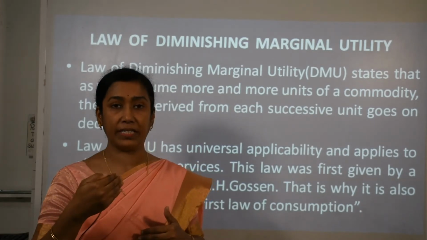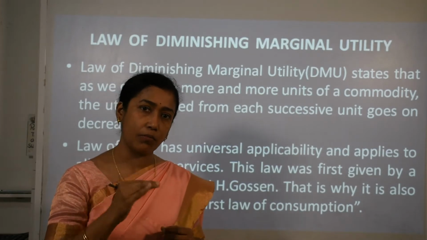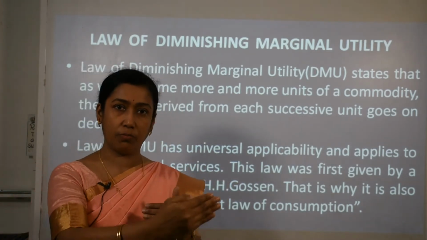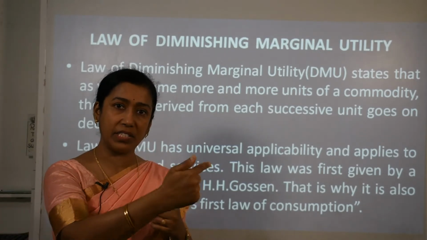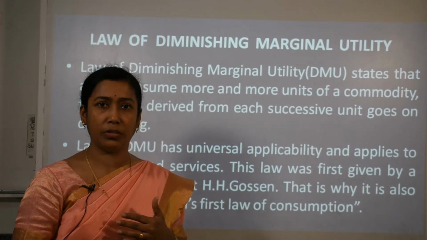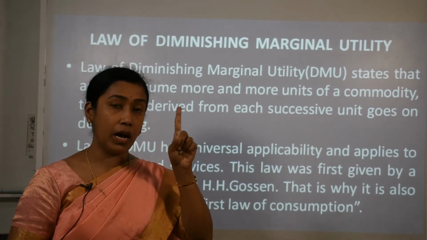As you drink the second glass of water, your marginal utility, that is your satisfaction, is somewhat declining. As you go on taking more glasses, the second, third, fourth and fifth glass of water, the satisfaction from the first glass will be highest.